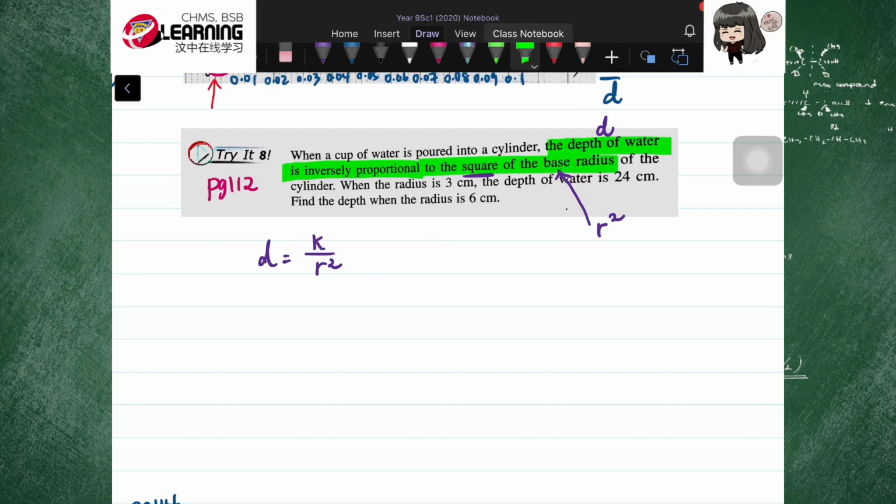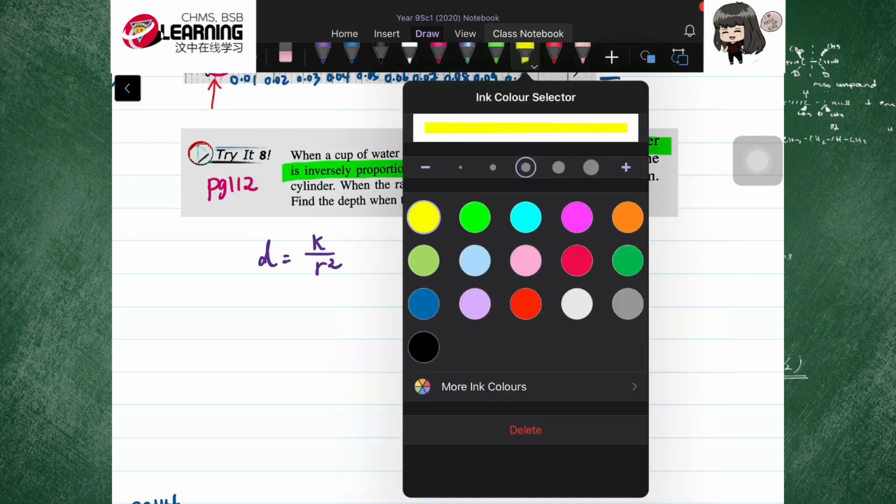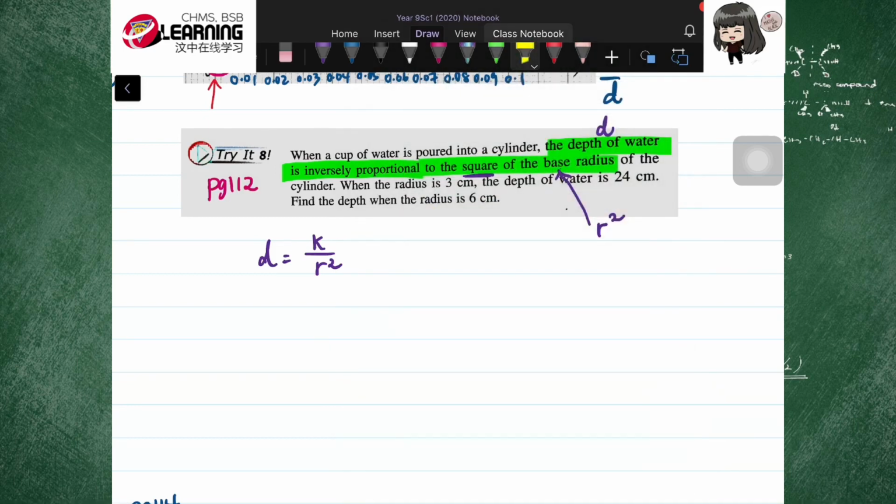So now see what they give you for your D and R to find the constant. So when the radius is 3 centimeter, the depth of the water is 24 centimeter. So they give you the R now. The R is 3 and the D is 24. So from here we can find our K. Our D is 24 and our K we need to find, and your R is 3.